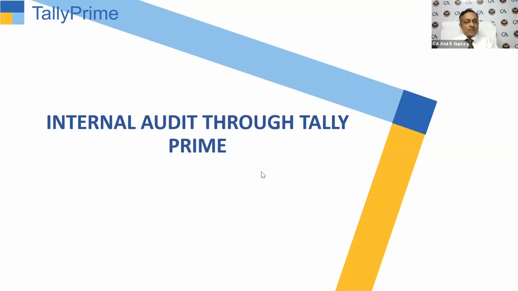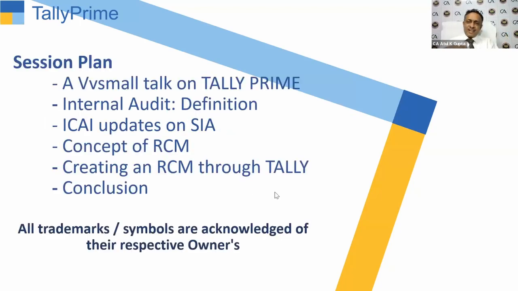Okay. So, internal audit through TallyPrime. So how I have planned this session: TallyPrime is reasonably young, I would say, three years, I think October 2020 it was launched. So a very small talk on TallyPrime. Then some basic understanding about what we mean when we talk about internal audit.